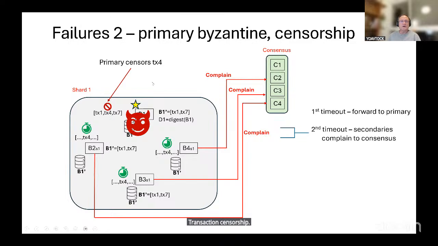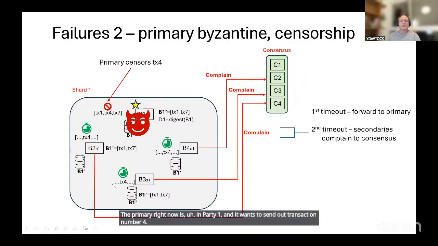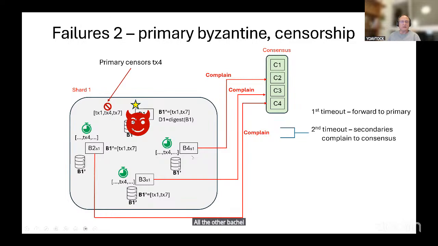Say, for example, that the primary batcher is malicious. The primary right now is in party 1, and it wants to censor transaction number 4. All the other batchers, the secondaries, monitor transaction number 4 all the time.